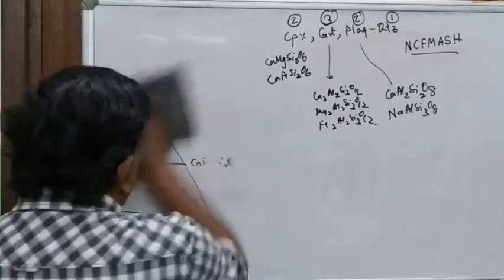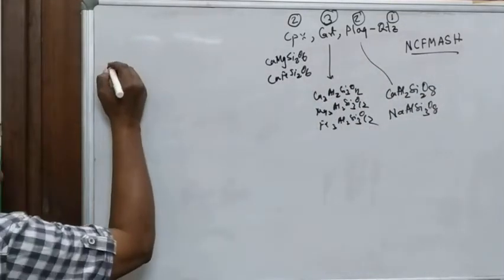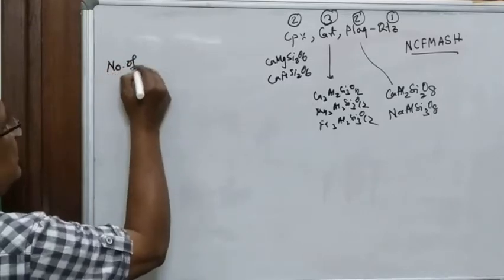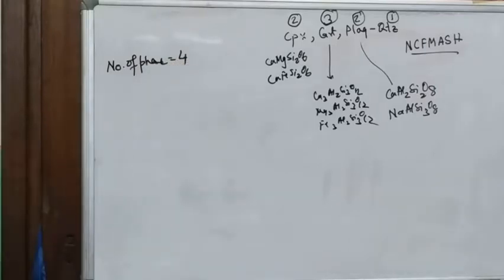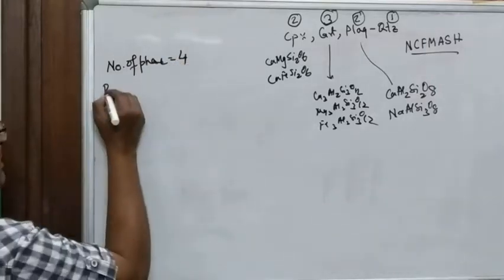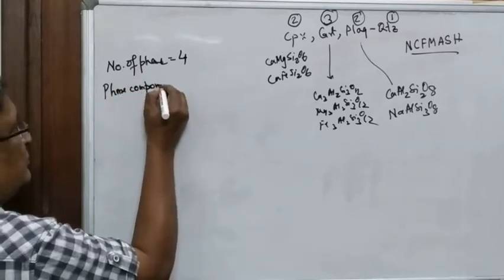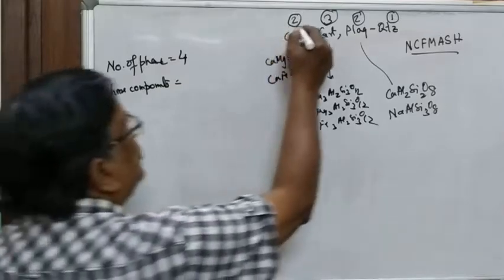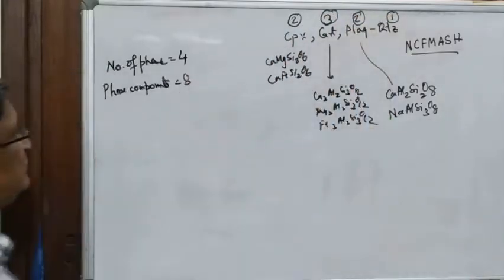Let's see what happens next. Number of phases is equal to 4. Phase components: two plus 3, 5, plus 2, 7, plus 1, 8 phase components at the moment.